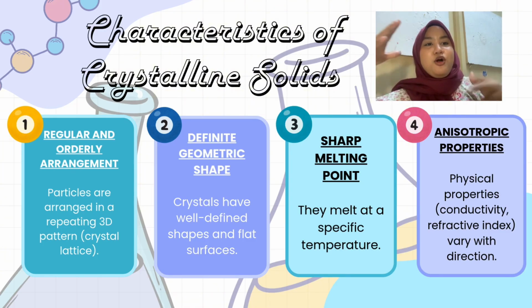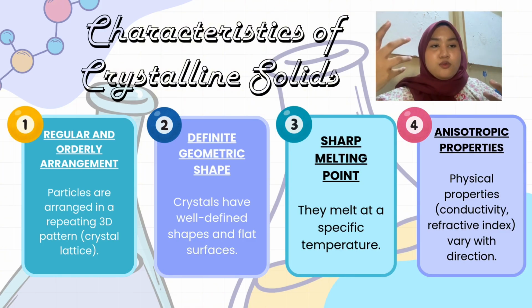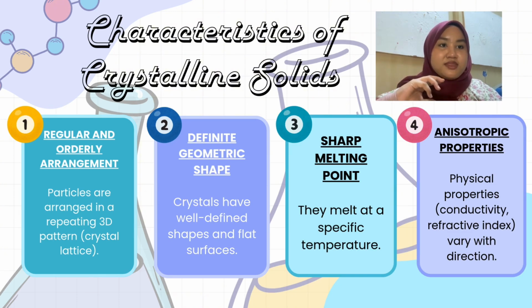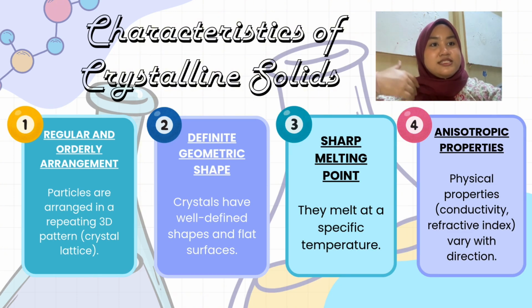Because of this perfect internal architecture, crystals grow with definite geometric shapes, with flat faces like the hexagonal prisms of quartz or the perfect cubes of pyrite. This external symmetry is a direct mirror of the internal atomic order.